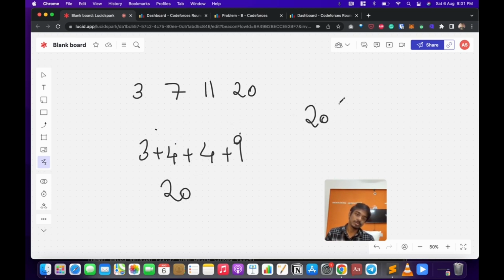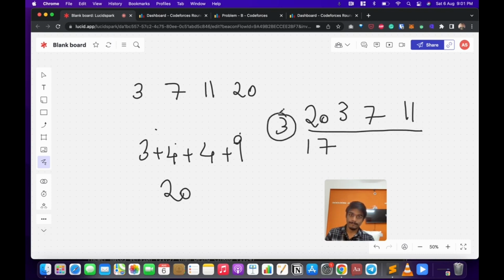Let's mess this up together. 23, 7, and 11. So what happens is it takes all the 3 together. So here 17 remains. Operation you can take only one, right? Yeah. 17 remains, 0, 4 remains, 11, 10, 9, 8 remains.